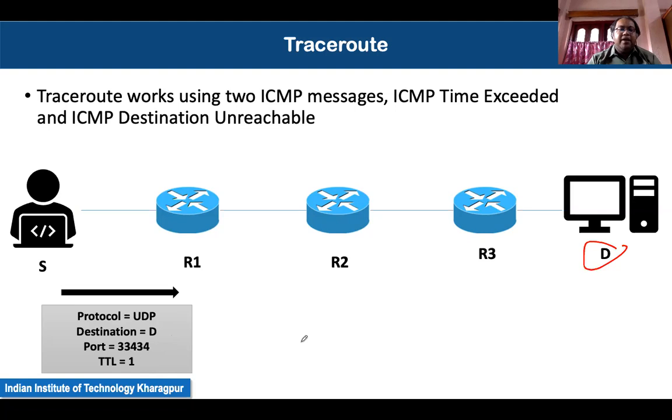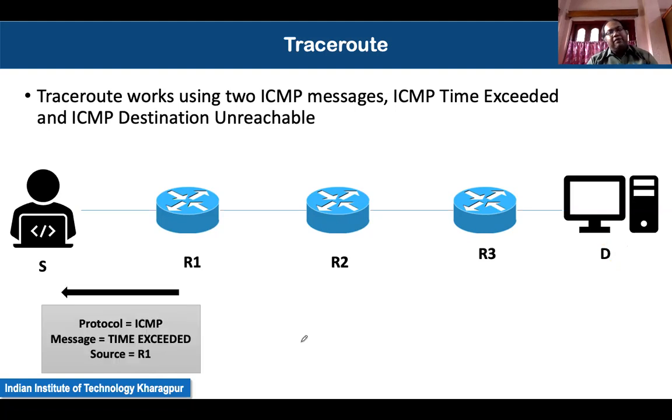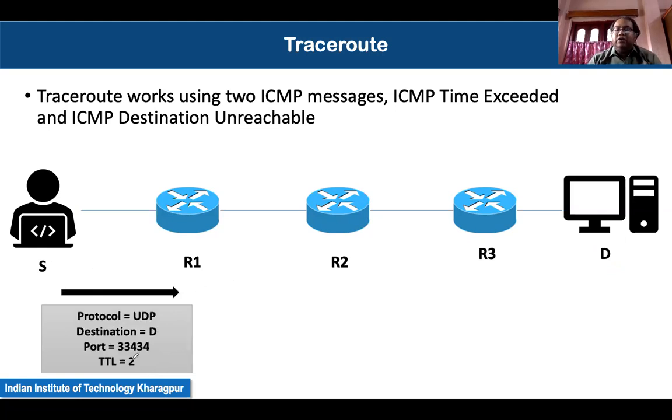The same thing happens here. Whenever R1 receives that packet, it decrements the TTL, it becomes 0, and it sends back an ICMP time exceeded message with its own ID. From here, S knows that at the first hop towards D, I have R1. Now to get the second hop, you set the TTL value to 2 and send another UDP packet.